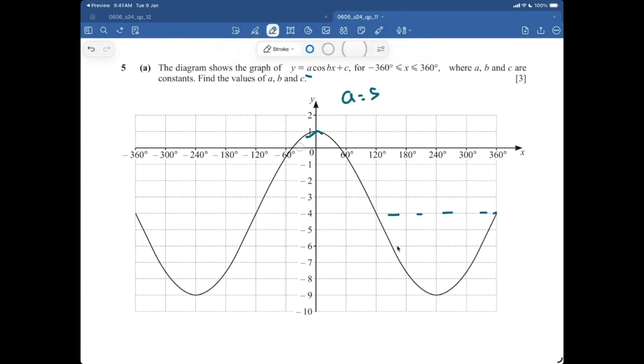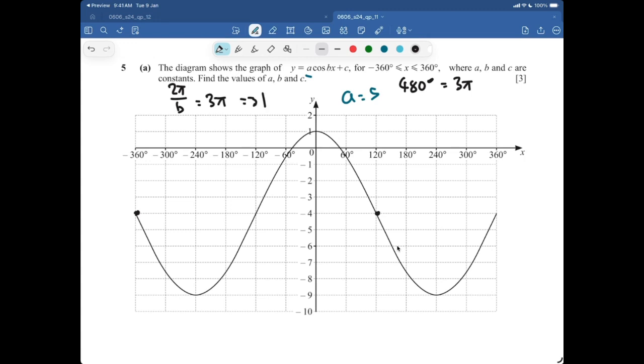Second of all, we can find the period by looking at 2 successive parts of this trigonometric function. So let's start off here. So when it completes a cycle, it's around here. So the period is around 480 degrees, which is equal to 3 pi. So if you recall the formula, 2 pi over b equals the period, which is 3 pi, you get b equals 2 over 3.